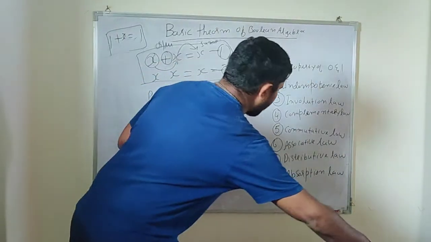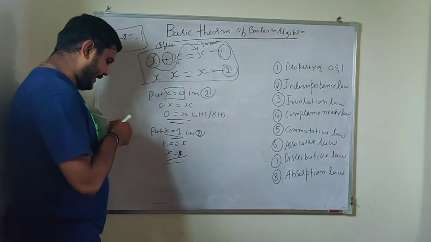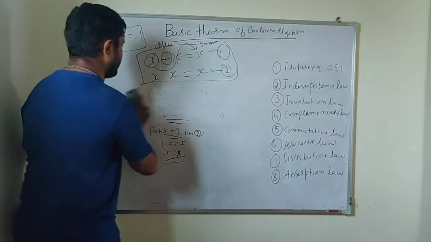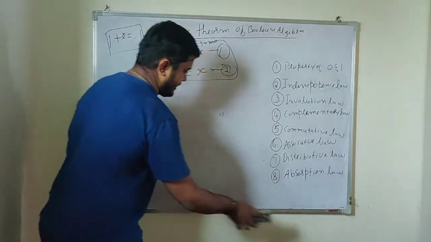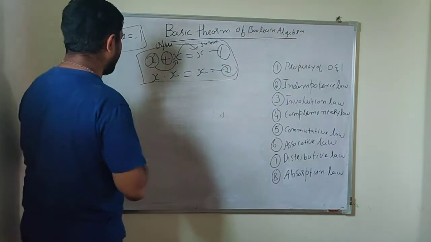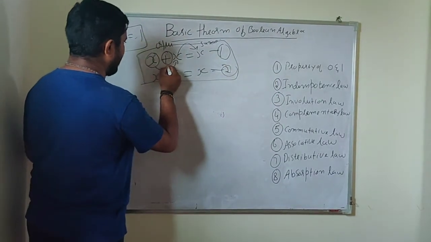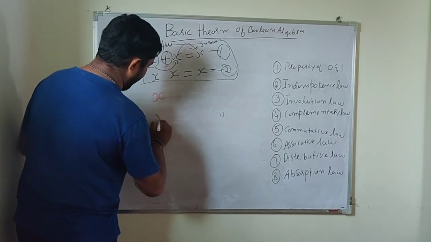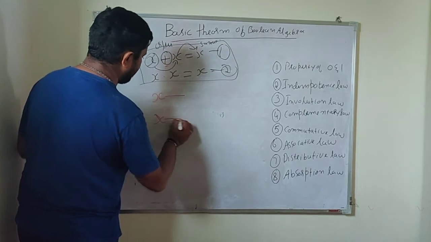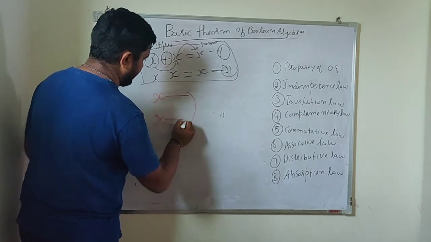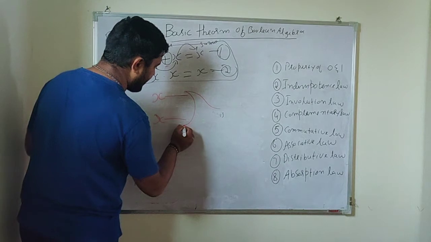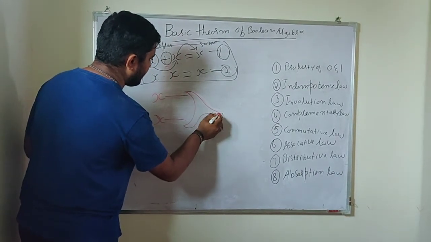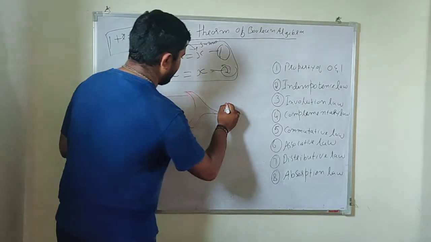Now if you write a logical gate for this, how does it look? You have the addition symbol here, x and x. Addition is called a logical OR gate, so I am going to write the OR gate symbol, which is equal to x.